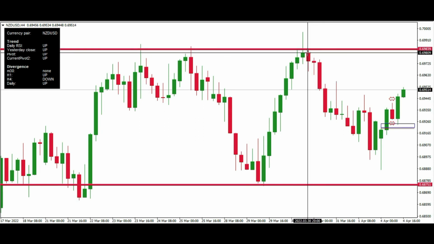So the basic approach is that if we define support, resistance, and important levels, we can see that price can go up or down, and every single movement we can use and make an entry into a trade.